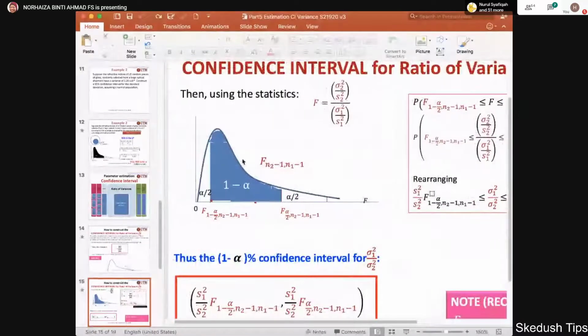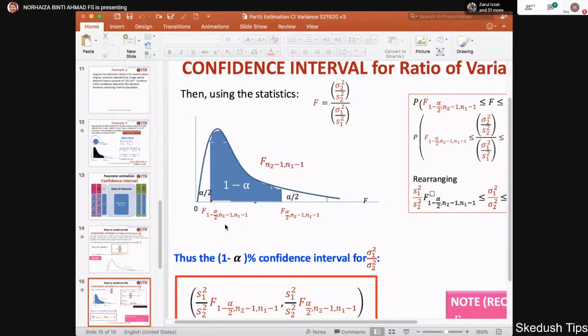If I were to draw my F distribution, since I'm going to use sigma 2, the second population, over the first population, my F distribution is going to be 2, 1 as well. So this is 1 minus alpha, and this is F alpha over 2, with 2 minus 1 and 1 minus 1 degrees of freedom.